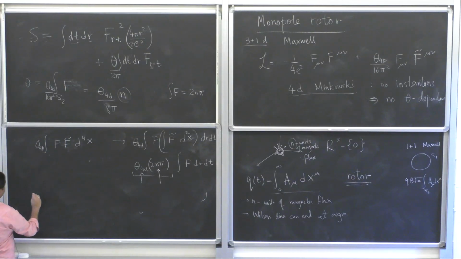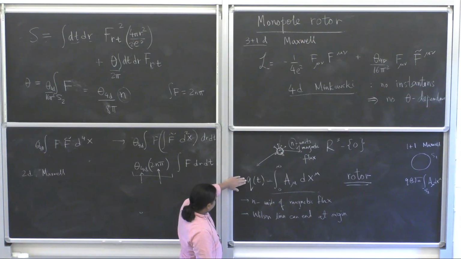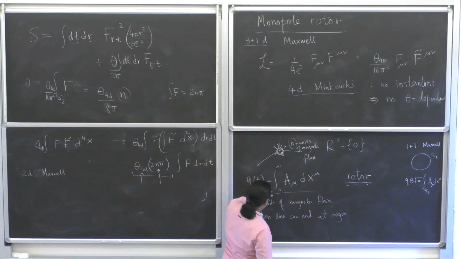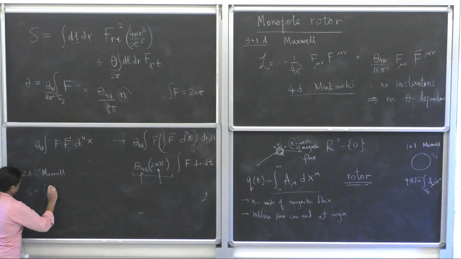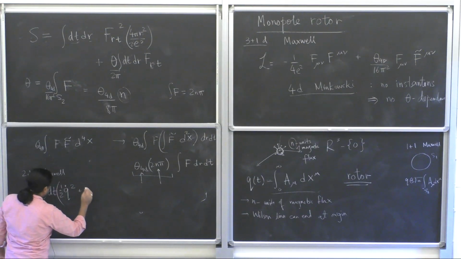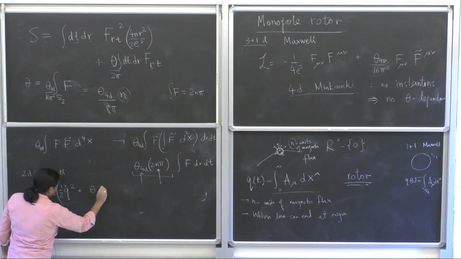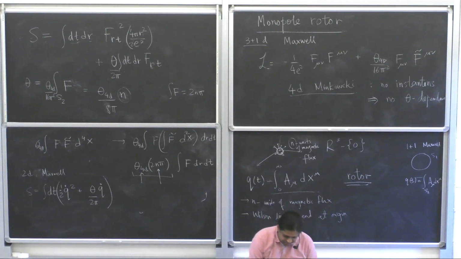So our two-dimensional theory, the 1+1 Maxwell theory, again describes a particle in a circle with the quantum degree of freedom here being the Wilson line operator from 0 to infinity, and the action is again, ignoring some normalization, theta q dot over 2 pi for a certain choice of flux. I've chosen 2 units of flux for the magnetic monopole.